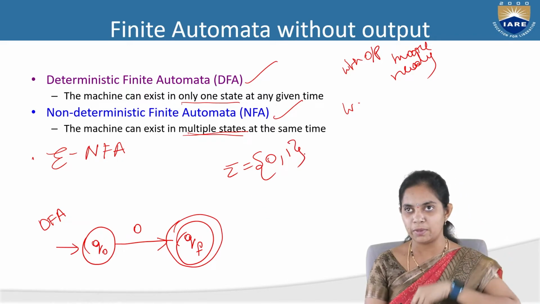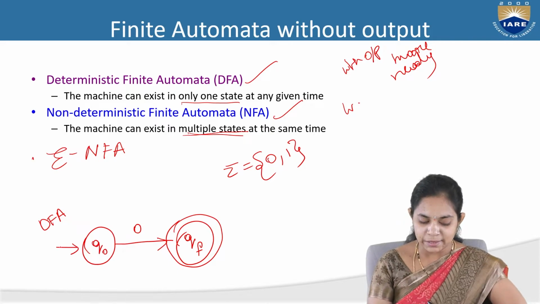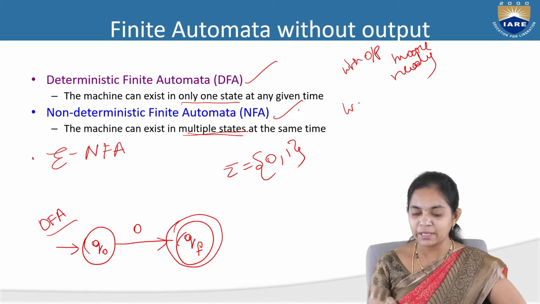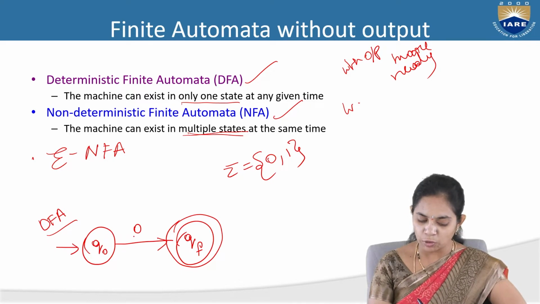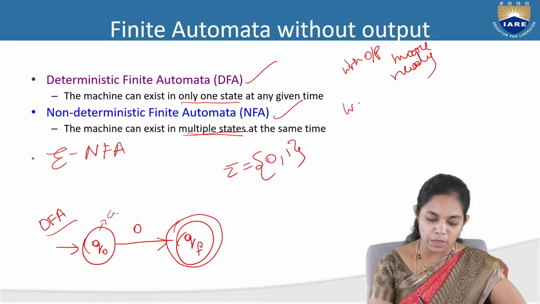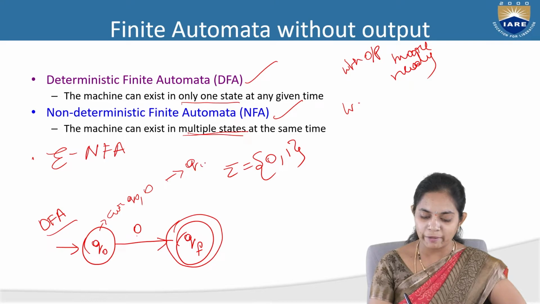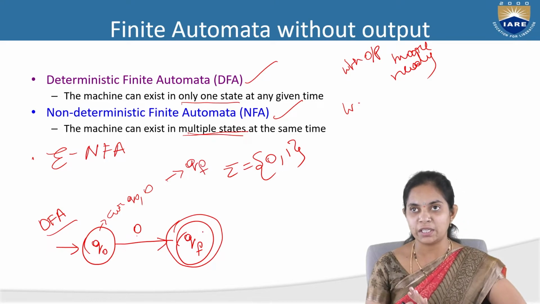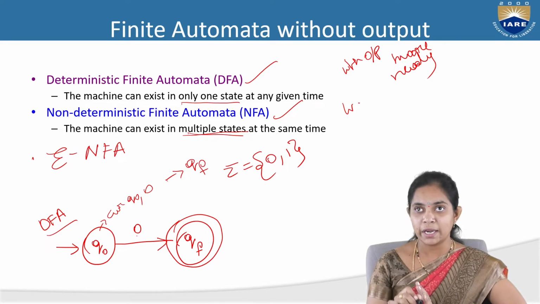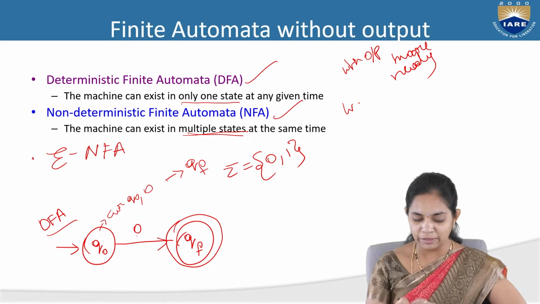We have two symbols, 0 and 1. And this is the DFA, so only one state at any given time. If you give an input to the current state Q naught, it leads to the next state QF. Only one state.